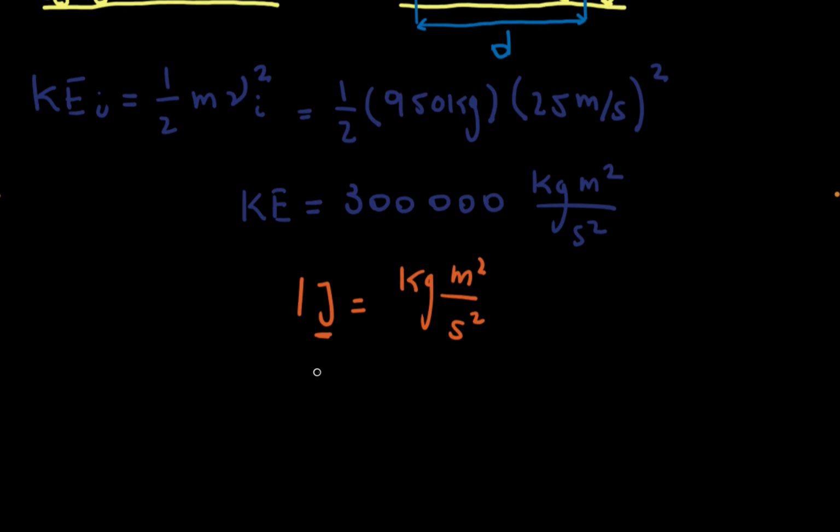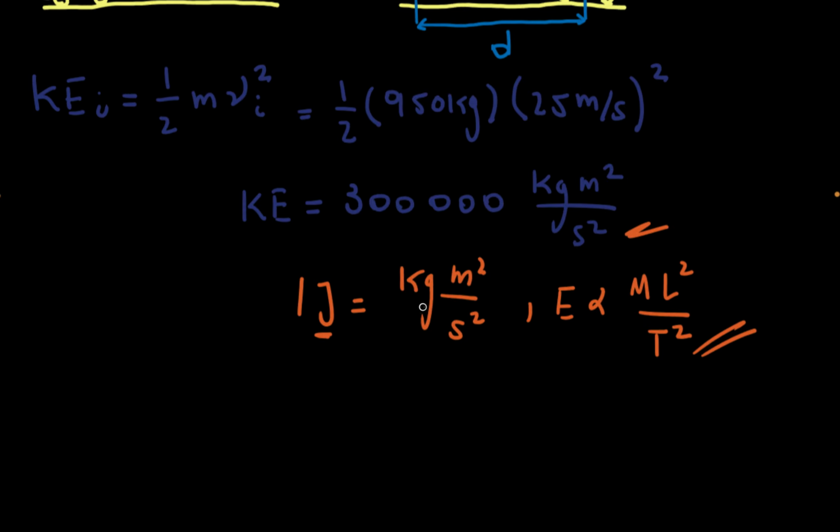So every time you see a joule worth of energy, that is hiding a kilogram meter squared over second squared. Also, this is a brand new constructed quantity. The dimension for energy is a constructed quantity that includes the powers of mass, length squared over time squared. And it all gets this very special unit of joules. So up here, kinetic energy is 300,000 joules.